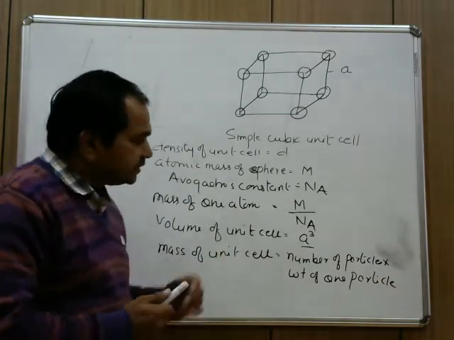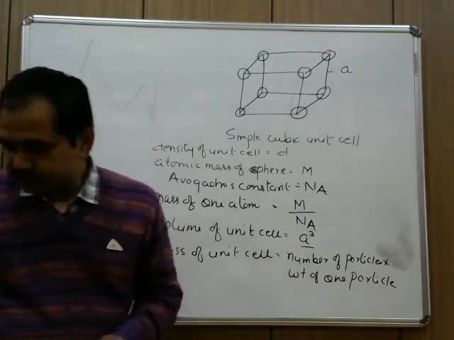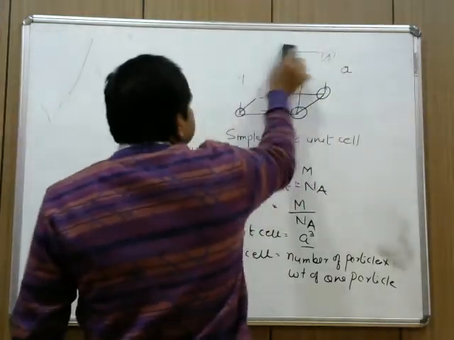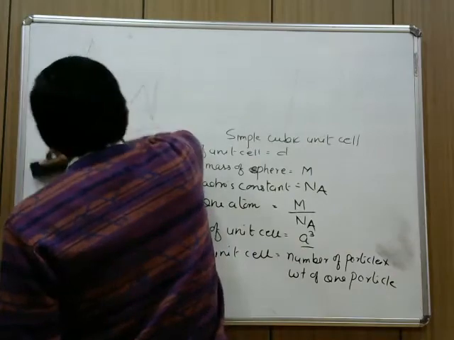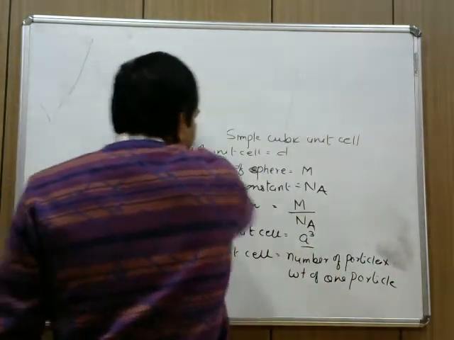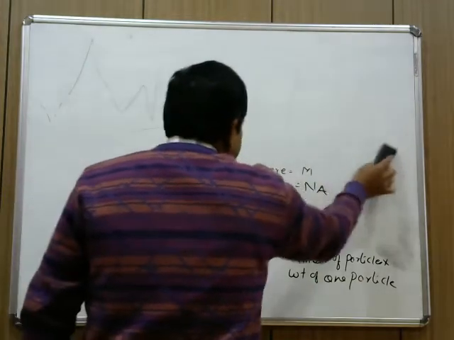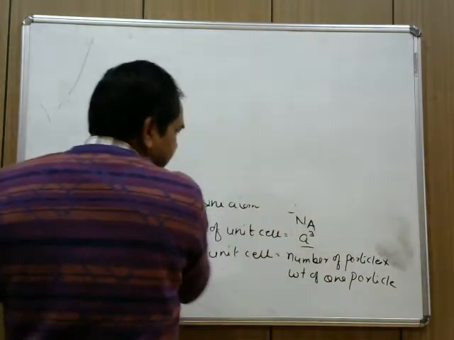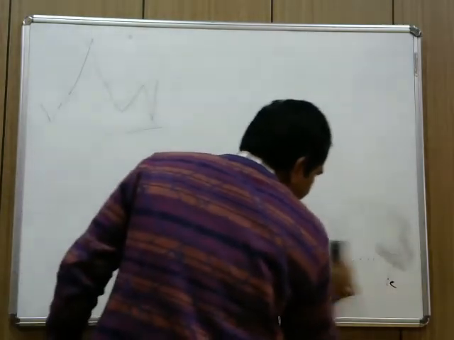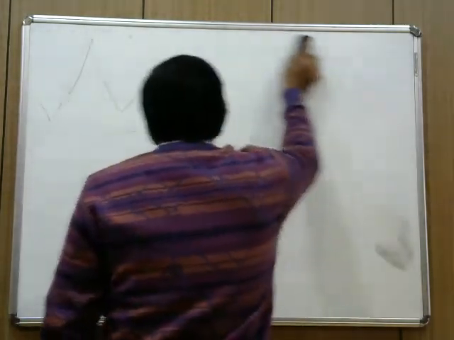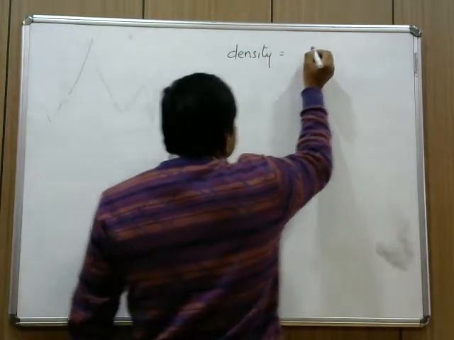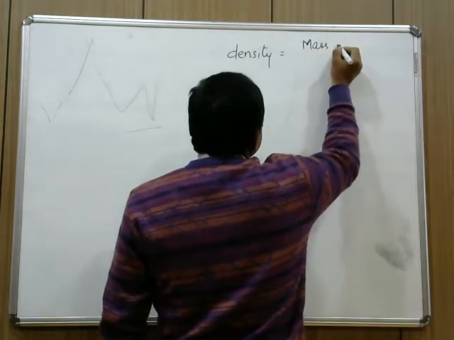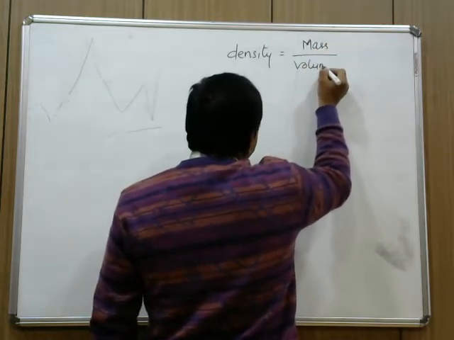So this will give you the mass of unit cell. Then density of any substance is given by mass upon volume.